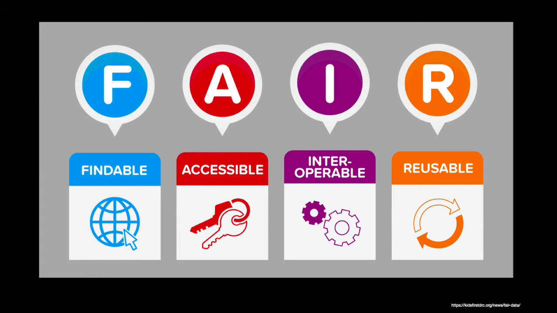It's an acronym that stands for findable, accessible, interoperable, and reusable. And with the data in these Pages projects and things that we're working on, if we're achieving these goals, we're doing pretty much everything we're trying to accomplish with data stewardship.